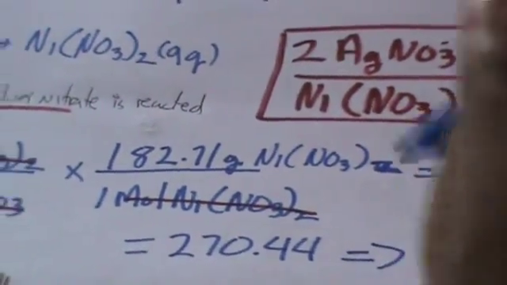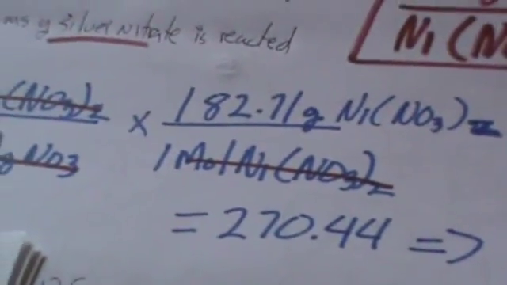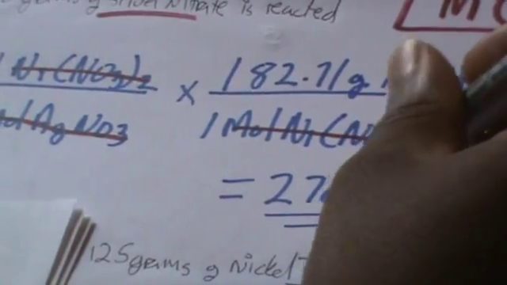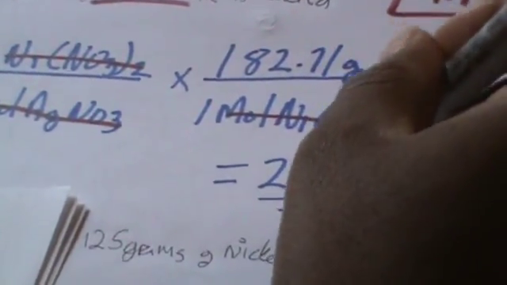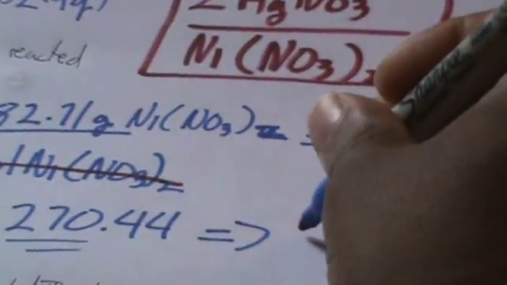Basically we're looking for 3 significant figures. When you're multiplying, you usually go with the lowest number of significant figures, and this one is 3 significant figures. So 270, since after the third figure is a 4, it doesn't go up, it stays as it is.